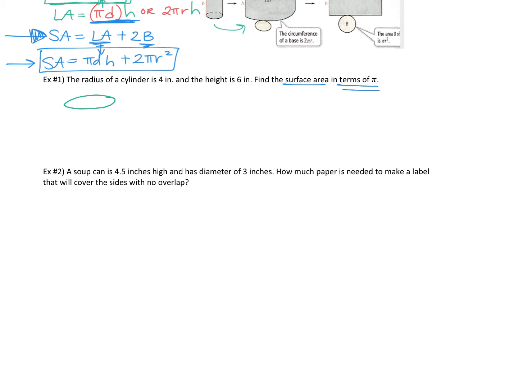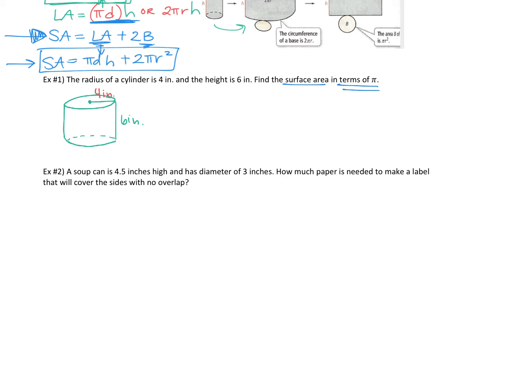It says the radius is 4, so this number here would be 4, and then the height is 6. Okay, so essentially you're looking at a cylinder that looks like this.